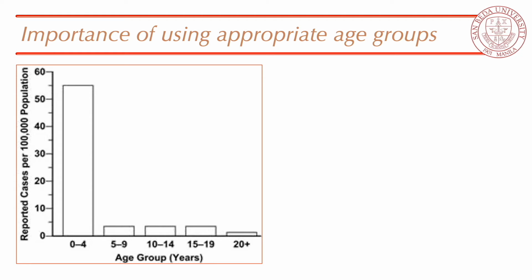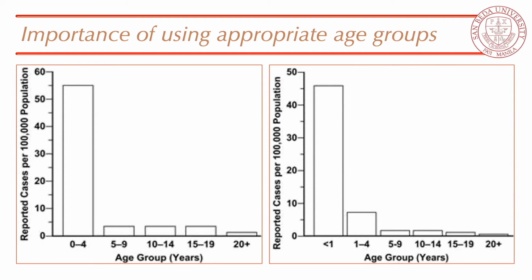Now, by designating the age groups this way, we're actually treating the 0 to 4 year age group as a homogeneous group when in fact this age group is quite heterogeneous. Now, if we adjusted our age grouping this way, in this graph here, this basically uncovers the fact that a vast majority of children reported to have the disease are actually less than a year old.